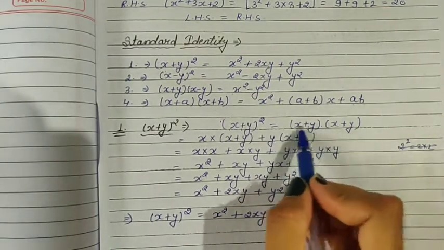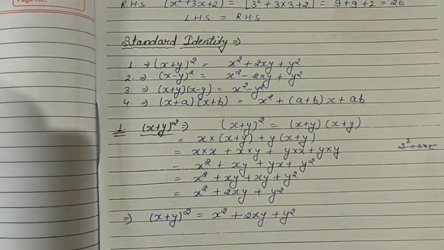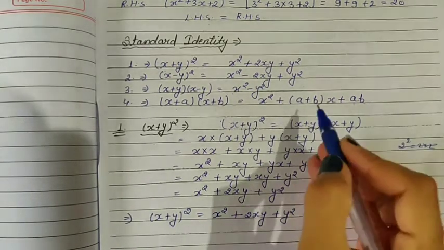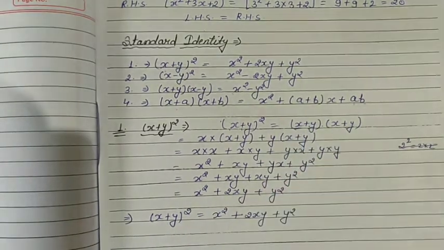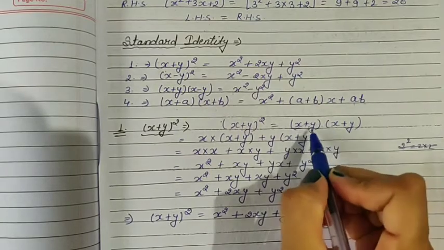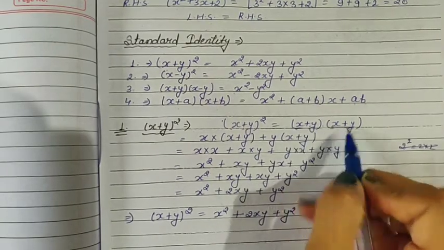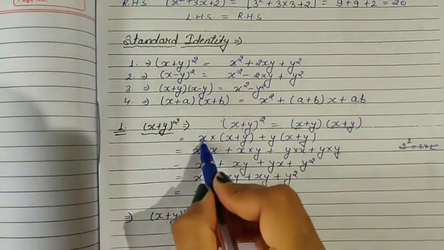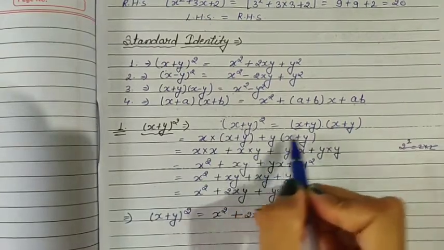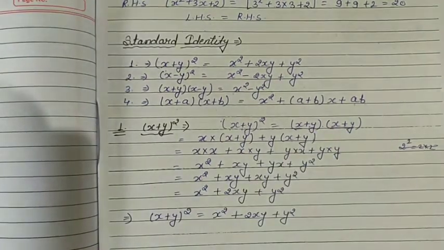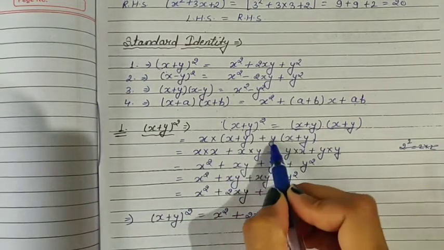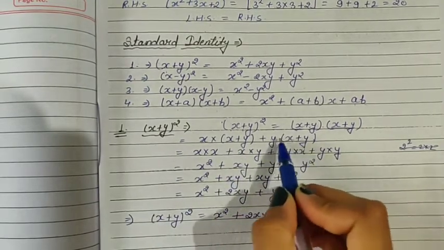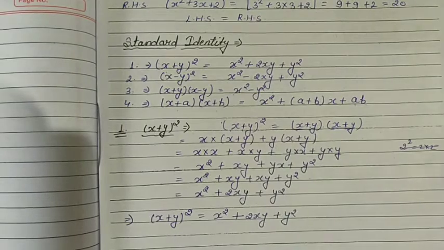Now this is the multiplication of a binomial by another binomial, and we will do this multiplication by the distributive property. Firstly we will multiply x by (x + y), and next we will multiply y by (x + y). So x × (x + y) + y × (x + y), that is x × x + x × y + y × x + y × y.